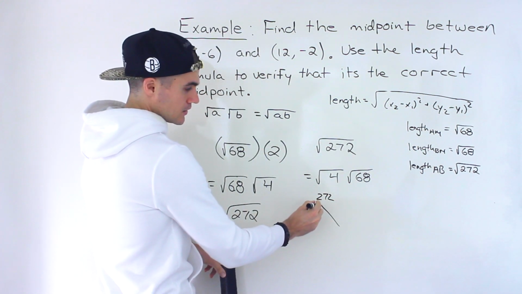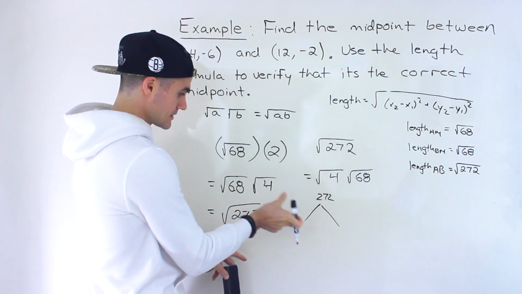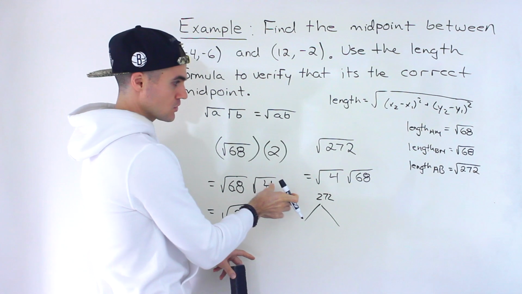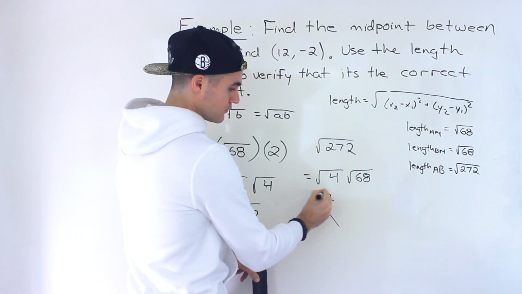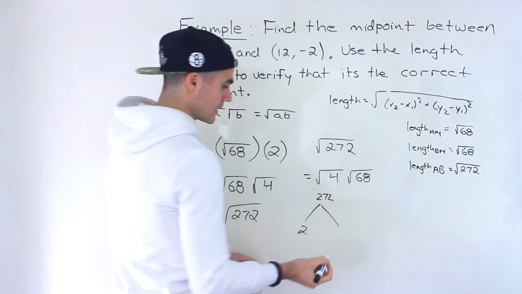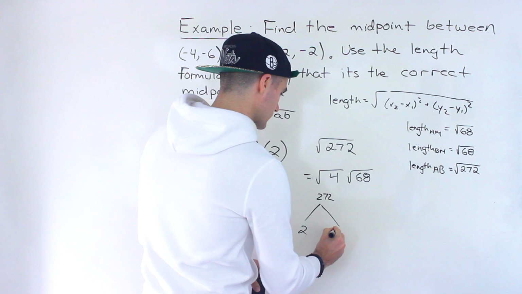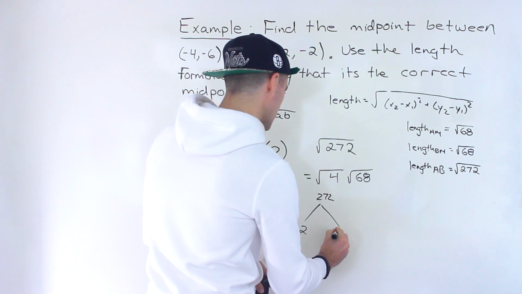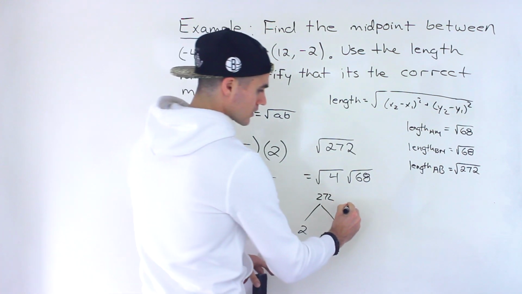But you want to make sure that the factor you're breaking it down to is 4, because you need that 2, right? To show that 2 times the square root of 68 is going to be this. So for example, if we took 272 and divided it by 2, what would that give us? That would give us 136. That's not going to work, right?